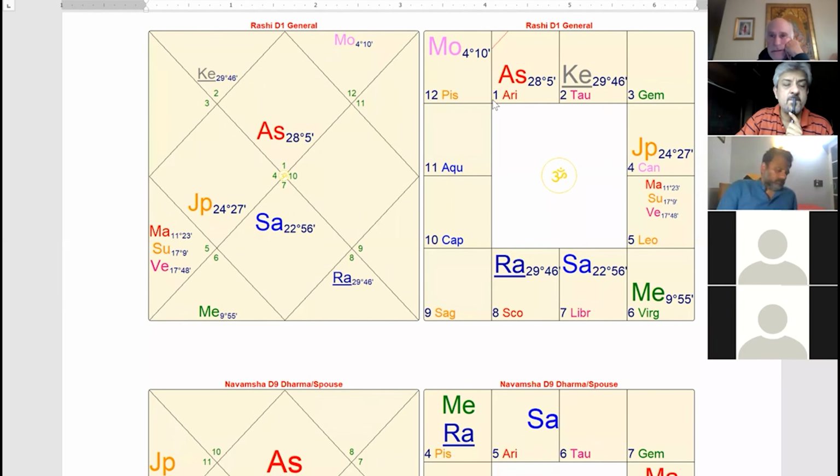Sun's doing extremely well. You'll notice the closeness in degrees between the sun and Venus. Sun's at 17.9 and Venus at 17.48. If you go, you might say rigidly, by the idea of saying this is an extremely combust Venus and incapable of giving its results, you'd go completely wrong.